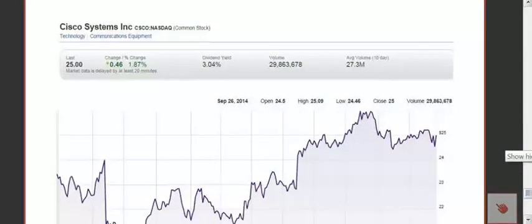So here's a stock market quote for Cisco. Cisco Systems Incorporated. On the stock market, it's usually a four-letter name, and for Cisco it's CSCO. Actually, this isn't Dow Jones, it's NASDAQ.